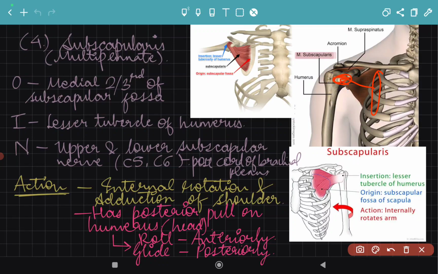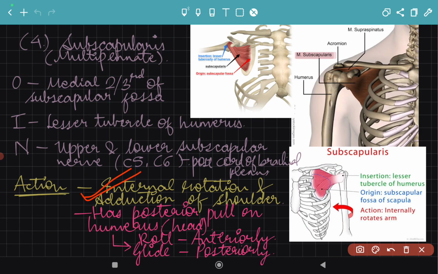The nerve supply for this is the upper and lower subscapular nerve. As the name suggests, the subscapular nerve supplies the subscapularis muscle. C5, C6, again from the posterior cord of the brachial plexus, supply this muscle. Now the action of this muscle is internal rotation. We saw that infraspinatus and teres minor produce external rotation.